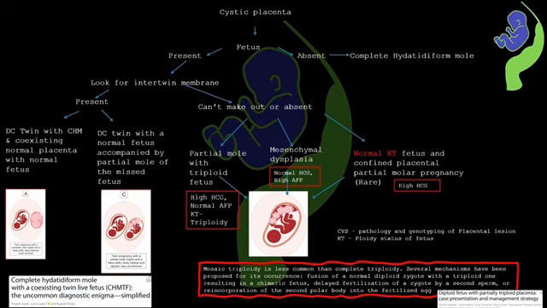The first one is placental mesenchymal dysplasia, which can mimic molar changes, but the fetus is usually karyotypically normal. The second one is singleton pregnancy with partial mole and a triploid fetus. Here the fetus is typically severely growth restricted. And the next one is confined placental partial molar pregnancy with a normal diploid fetus. This is a very rare condition in which the fetus has a normal karyotype but the placenta shows partial molar changes.